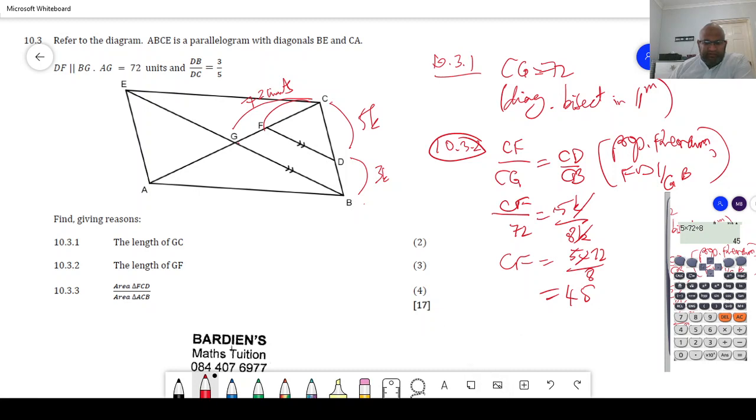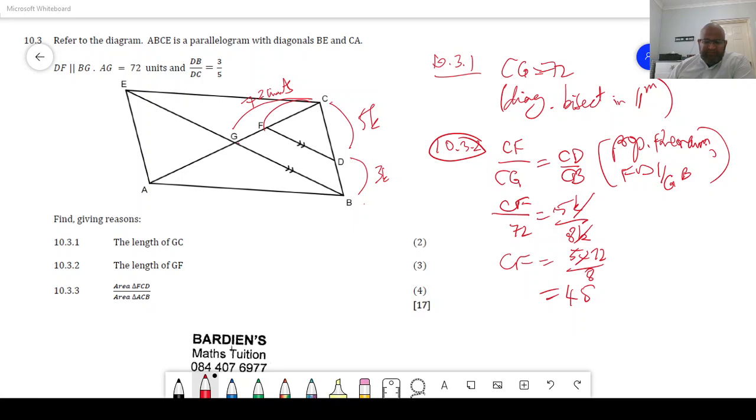Then, in the last question in 10, let's change our color here.